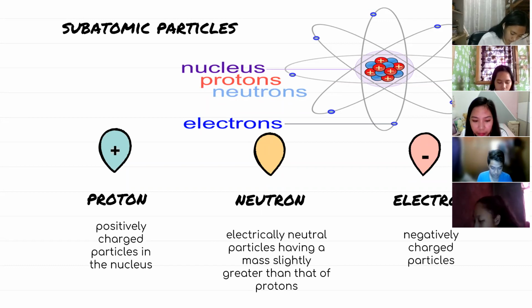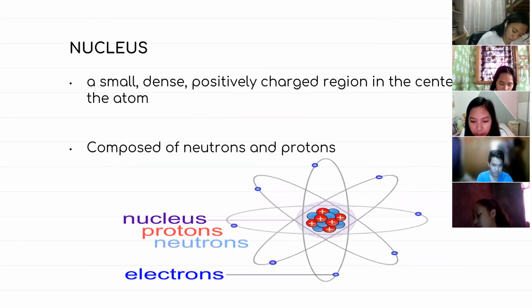P for proton will tell you that it is positively charged, and N for neutron is a hint for you that it is neutral, it does not have a charge, and electron, of course, is negatively charged. Again, these are our subatomic particles. Now, the structure of the atom contains a nucleus, class.